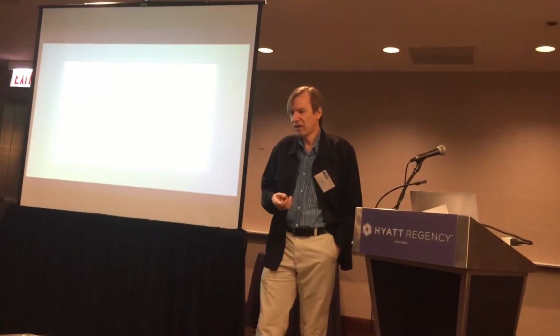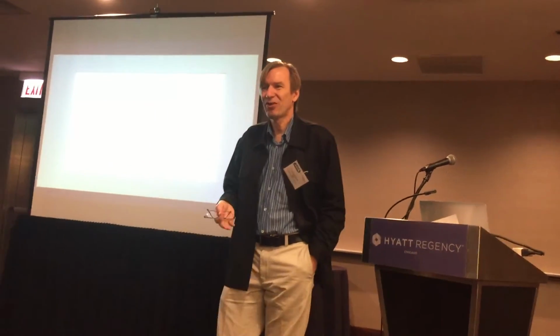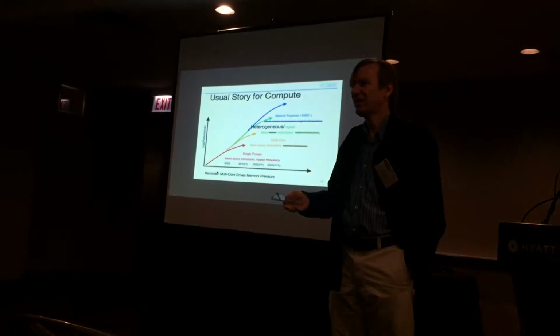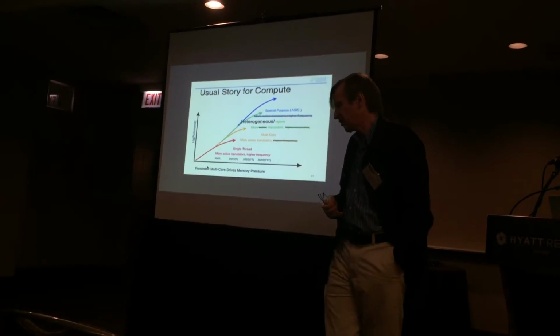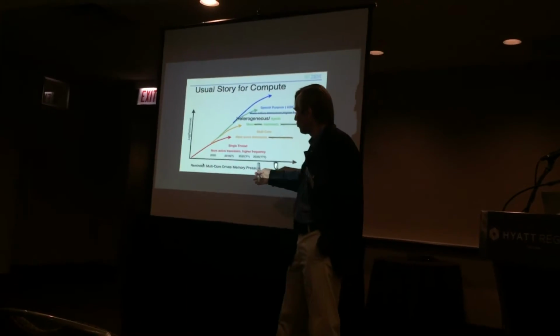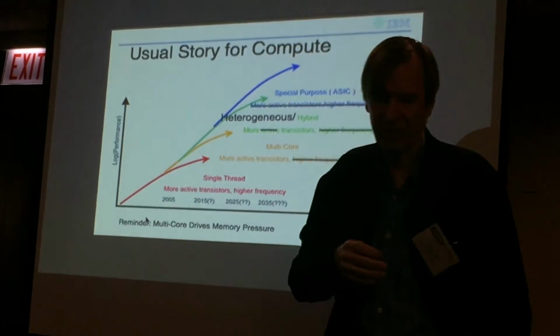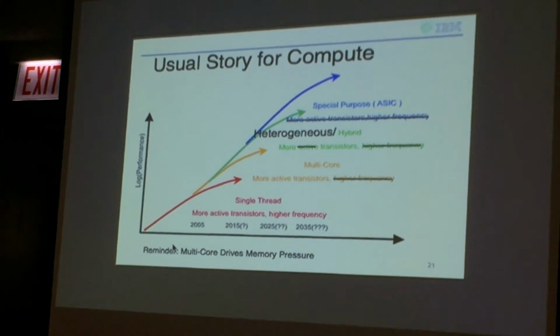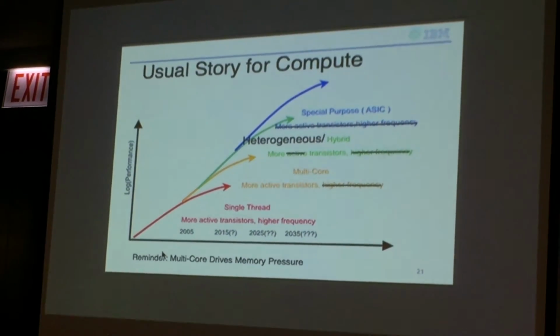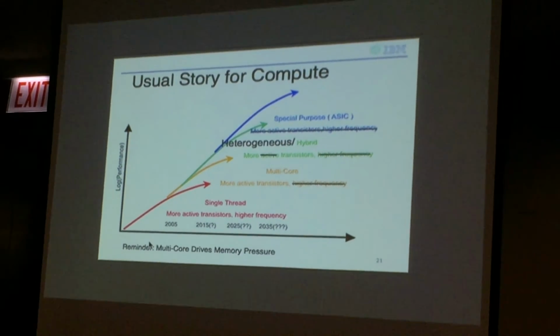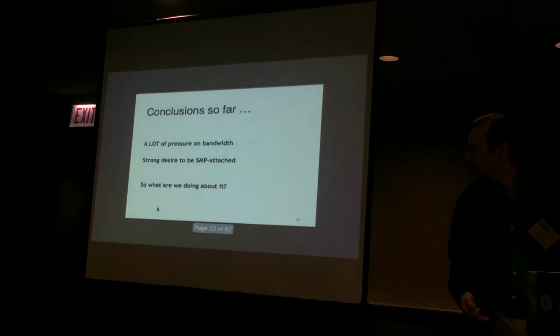And then, just about every time I give a talk like this, I've had this chart up, which is about compute, and the need for us to go beyond the efficiencies that we can get from multi-core, to heterogeneity. So I'm not going to repeat that story here, but obviously CAPI attached compute is kind of where we started.